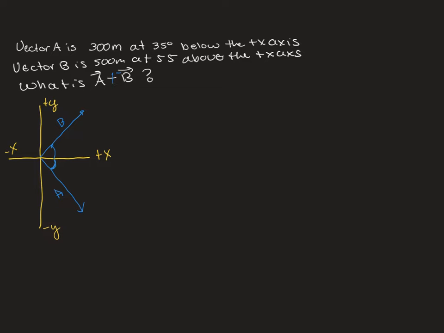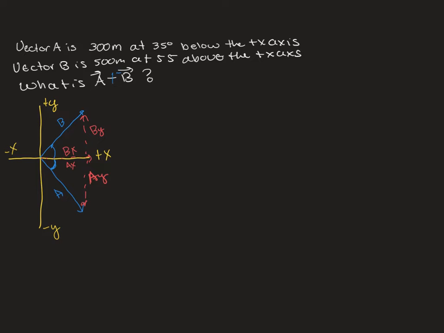All right, so now I need to draw in my right triangles. So we have AX and we have AY, and then we have BX and BY. When I look at this, I can see that the angle provided is adjacent for X and opposite for Y, and for vector B, X is adjacent, Y is opposite.